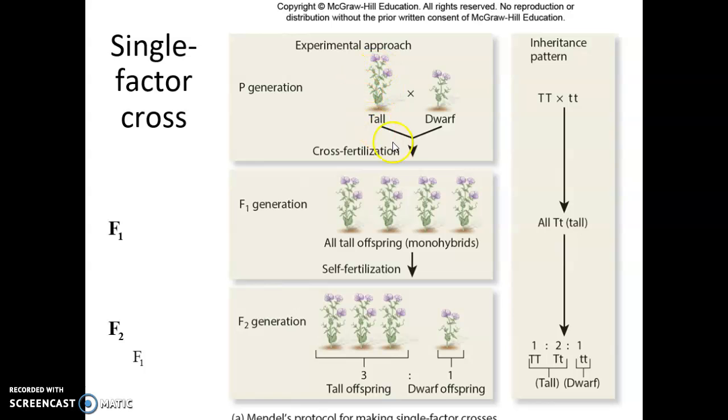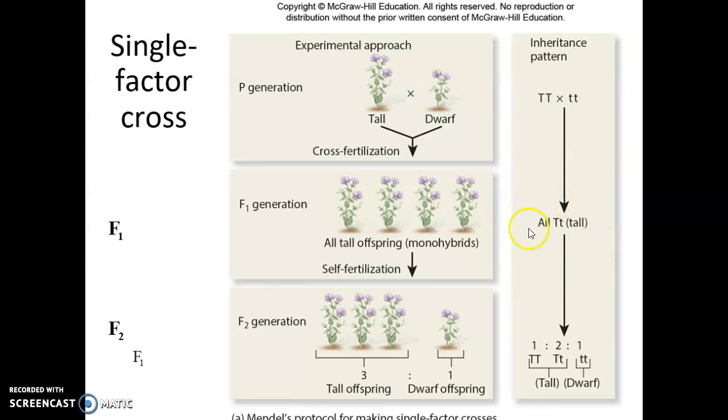And then when the egg and the sperm were made from this P generation, and then they had their children, what we now know is that the children were all one uppercase T, one lowercase t in their genotype. That is because they each got an uppercase T from this parent and a lowercase t from this parent.